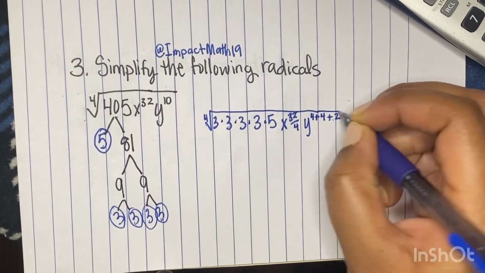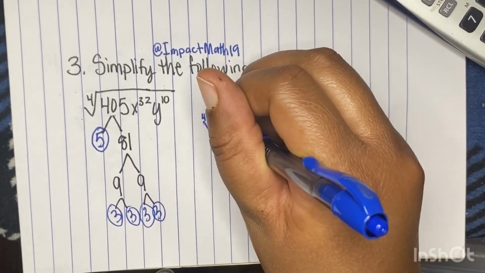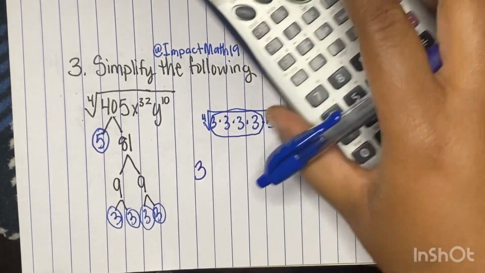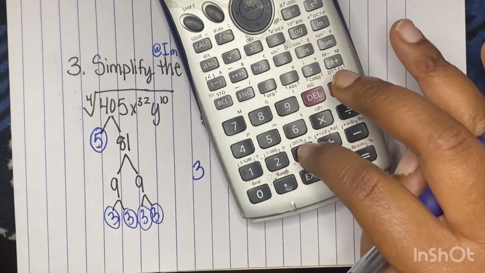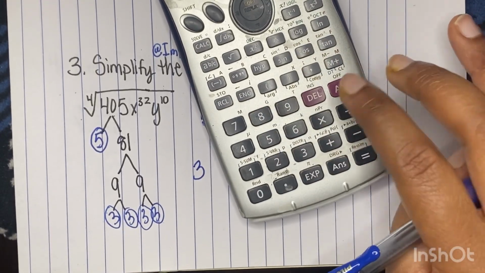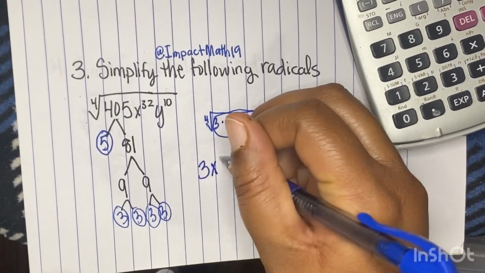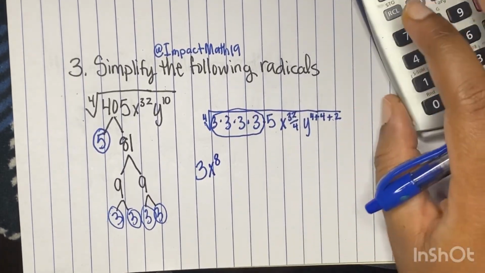So we have a group of 4 here. So this comes out as 3. And then 32 divided by 4 gets us 8. So that means we have x to the 8th. It came out evenly.